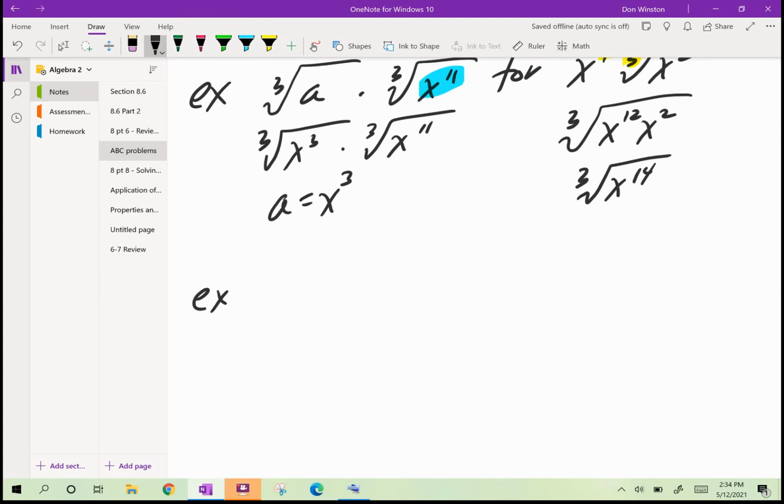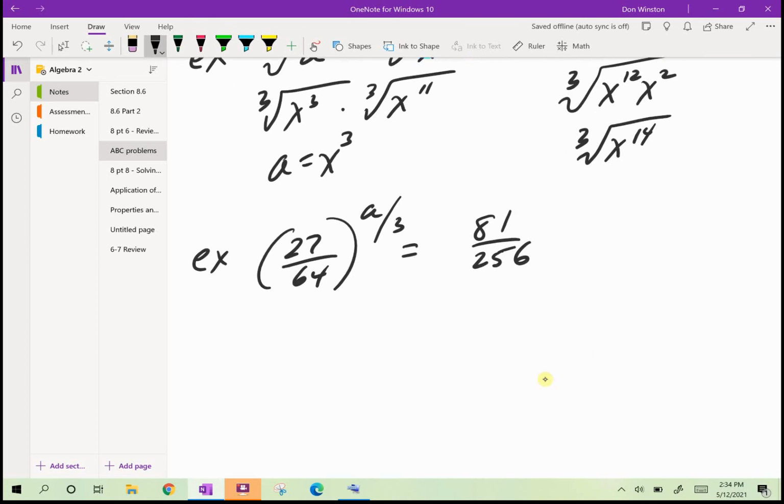Next couple here. Let's say here I have 27 over 64, and I'll have A and then divided by 3, but in the end I know I get 81 over 256. Well, what's A? I'm taking the cube root of 27 over 64, and then I'm raising everything to the A. The cube root of 27 is 3, and the cube root of 64 is 4.